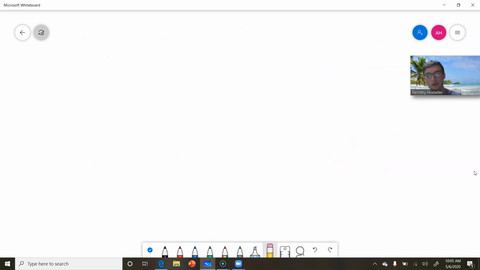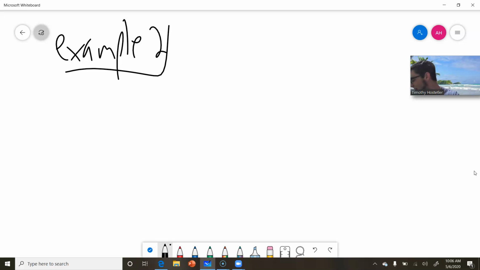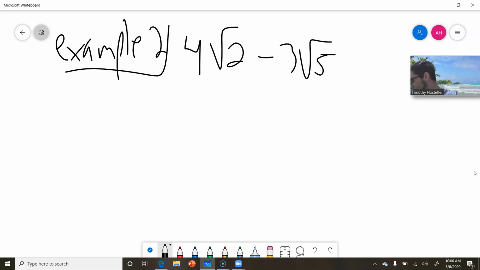Okay, so let's do a bunch of these just to get practice. What if we have something like this? Example 2. In example 2, they have 4 times the square root of 2 minus 3 times the square root of 5 plus 2 square root of 7.